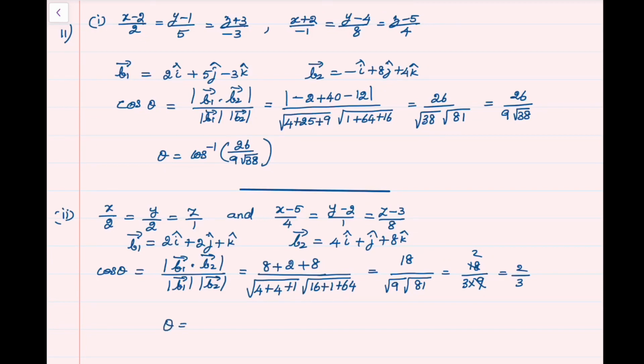Therefore, theta is cos inverse of 2 divided by 3.